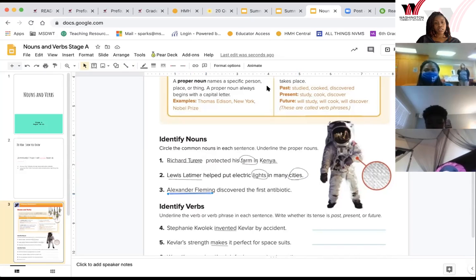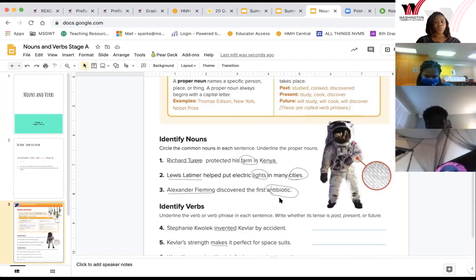A-F capitalized. And then what are we going to circle for our common noun? Did you say antibiotic? Yes. Antibiotic. All right, thumbs up, thumbs in the middle, thumbs down.